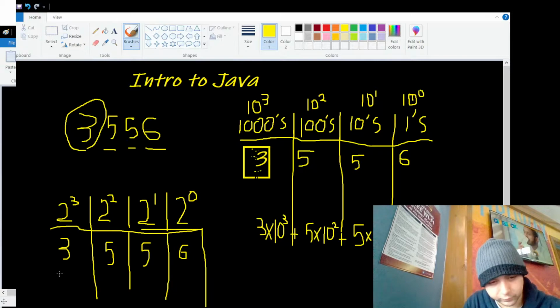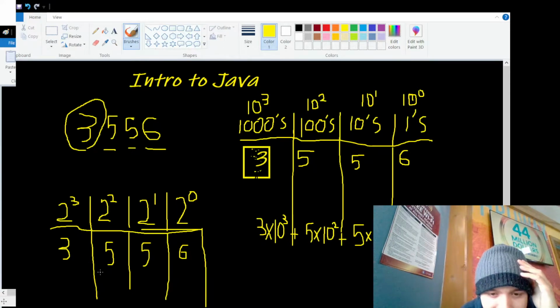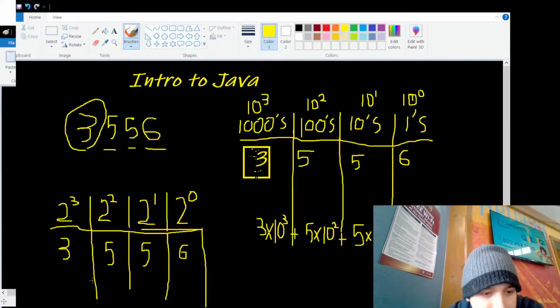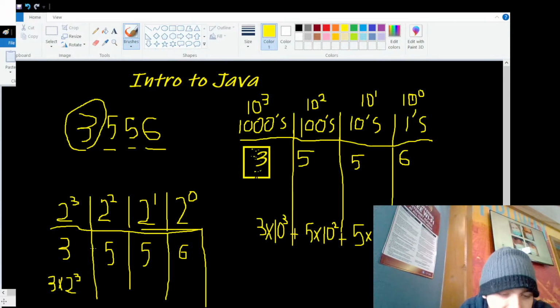So if we were to take this number in a binary system, instead of 3 times 10 to the 3rd, it would be 3 times 2 to the 3rd. So it's almost like there's a 2 to the 3rd place.